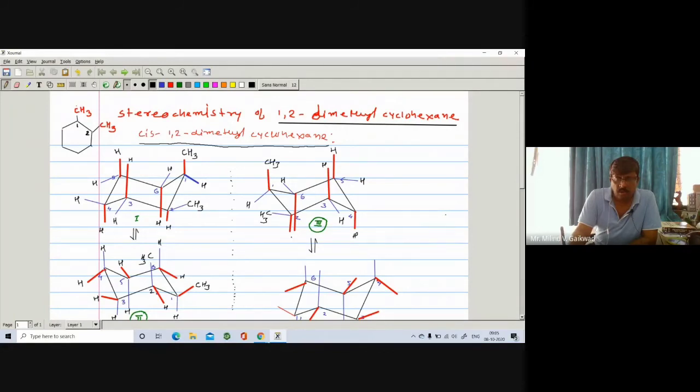If you know how to write this cyclohexane, the remaining work is very easy. So it was equatorial on this carbon, we have to write the equatorial, and here is also H.